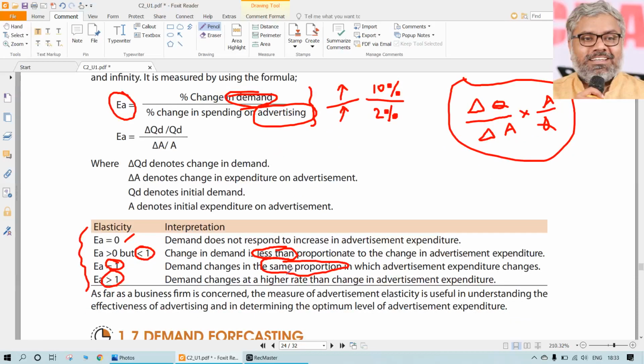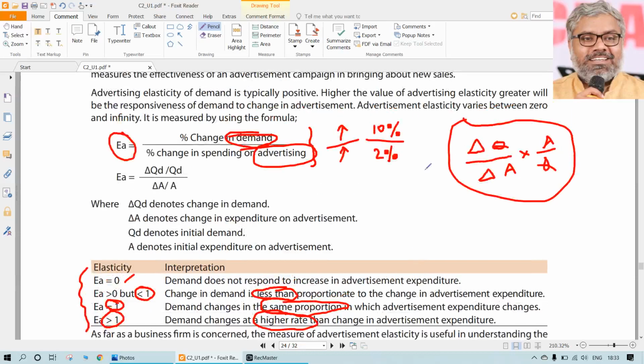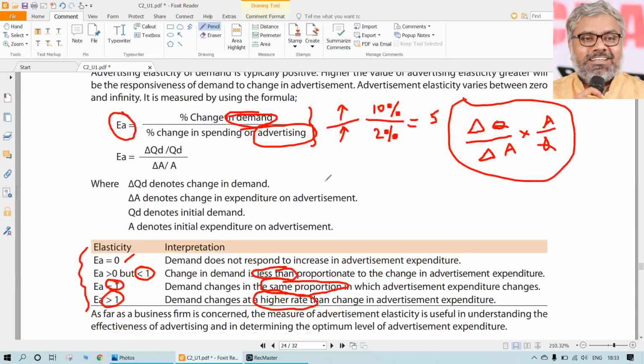So the demand changes at a higher rate than the change in the advertisement expenditure. In this particular example, let us say the advertisement expenditure elasticity is 5, 10% by 2%. 5, which is greater than 1, means highly elastic to changes in advertisement expenditure. That is about elasticity of demand.